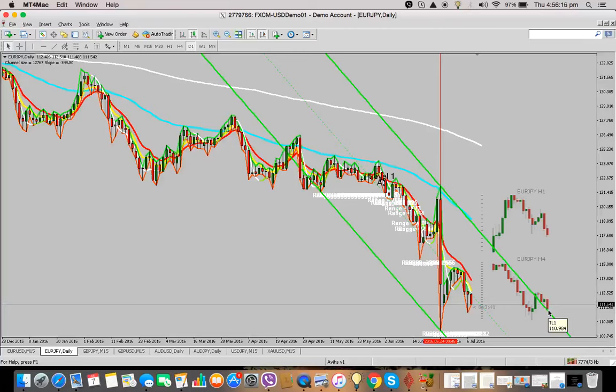Okay, so first thing is that we'll have a look to see if there are any clearly identified zones in terms of support and resistance. Excuse me for a sec. Okay, so we'll look to see if there are any particular zones around there.